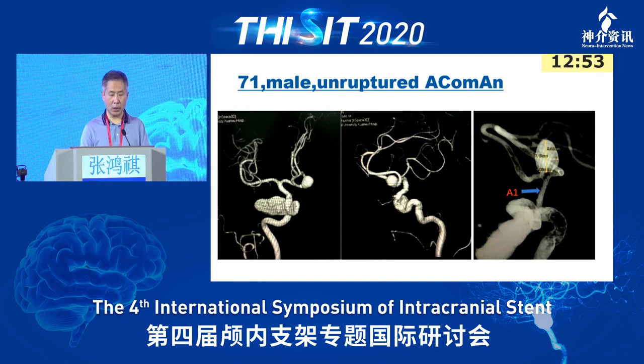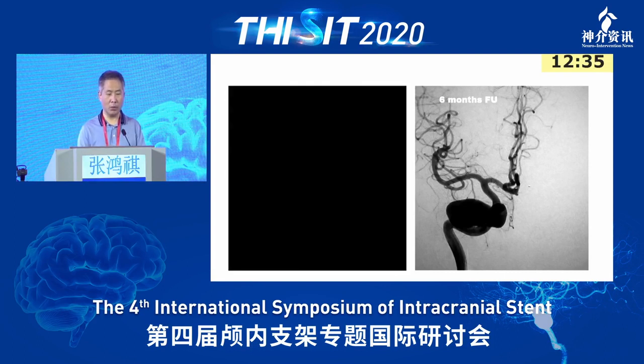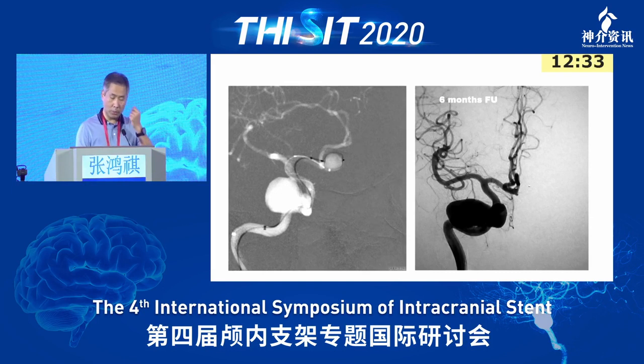This is also an unruptured ACOM aneurysm. If the catheter is hard, well, as you can see, it will reach the wall of the vessel. When the Web is put, the Web is expanded, then Web is shrunk.